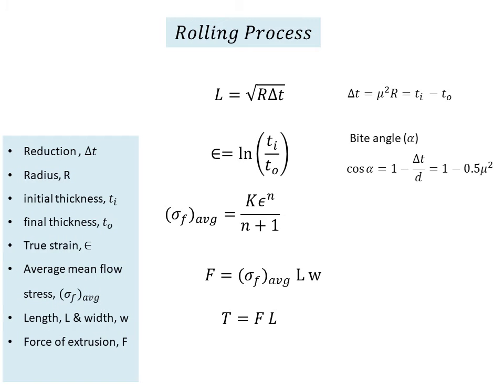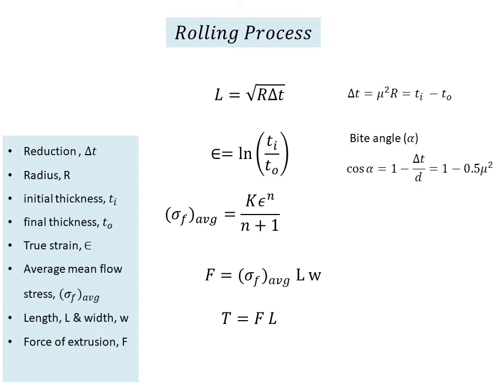So the next process is rolling process. In this we have L is equal to under root R into delta T. Delta T is the reduction in the thickness of the component after rolling and before rolling. So delta T can also be calculated by mu square into R. Mu is the coefficient of friction and R is the radius of the particular rolling section.